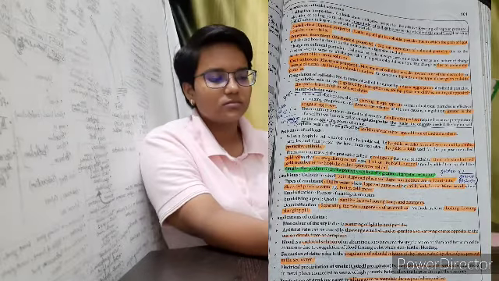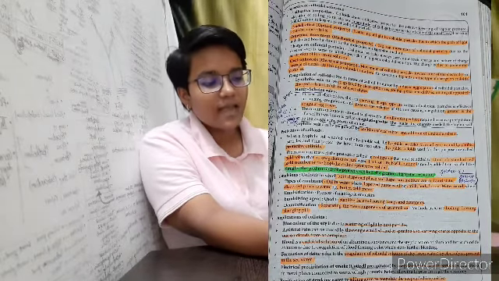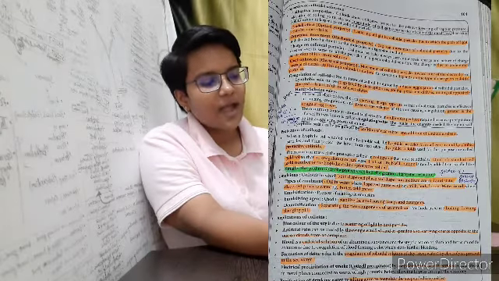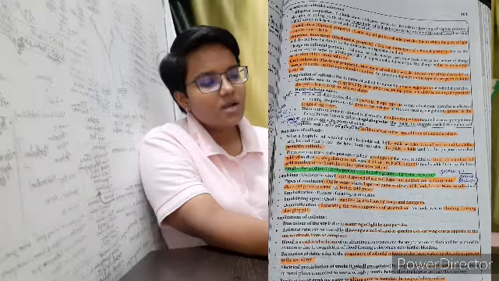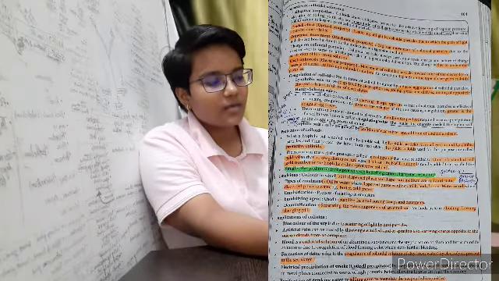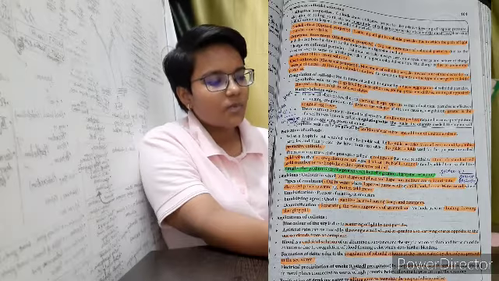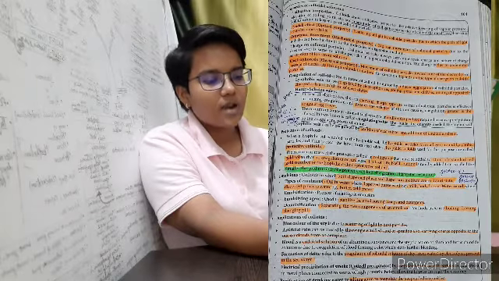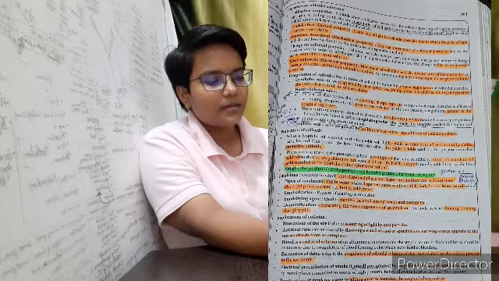Applications of colloids: the blue color of the sky is due to the scattering of light by dust particles. Artificial rain can be caused by throwing electrified sand or spraying a sol carrying charge opposite to the one on clouds from an aeroplane.